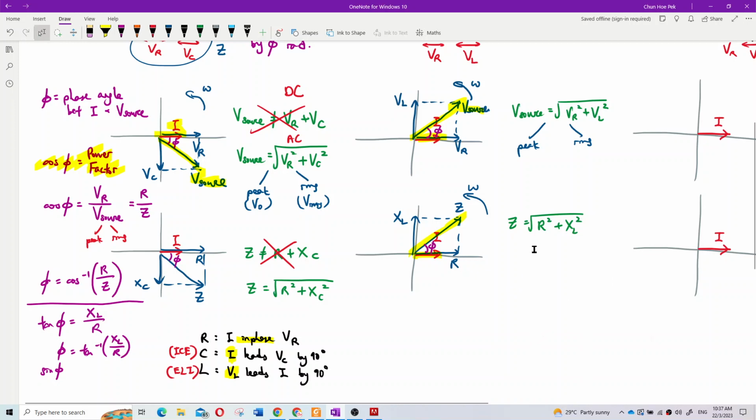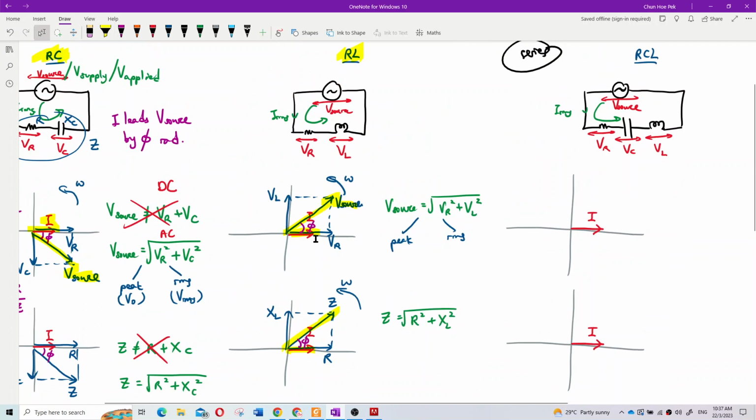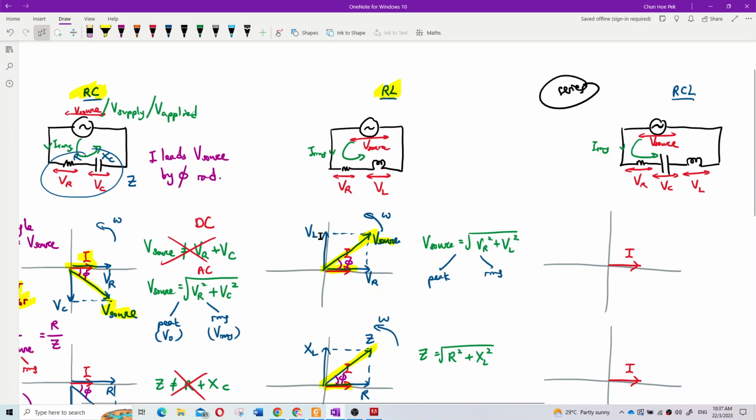Yes, sir. Okay, good. So let's proceed. For this one, who is leading? V source leading or current leading? V source leads current. Rotation anti-clockwise, V source is at the front of current.